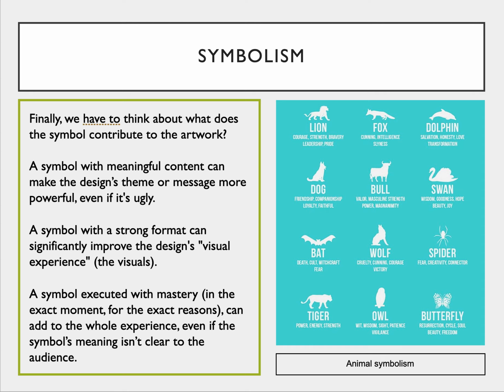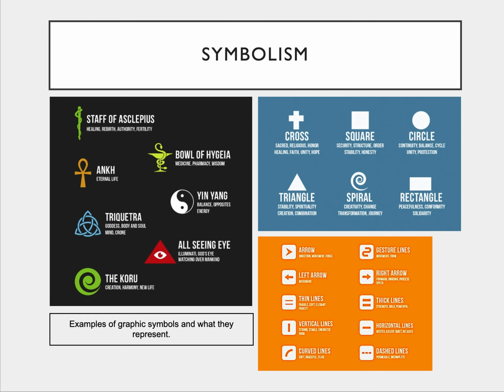And so we want to think about, what does the symbol that we're using contribute to the artwork? With a strong format, it can significantly improve the design's visual experience. A symbol executed with mastery can add to the whole experience of the building itself, even if the symbol's meaning isn't clear to the audience.